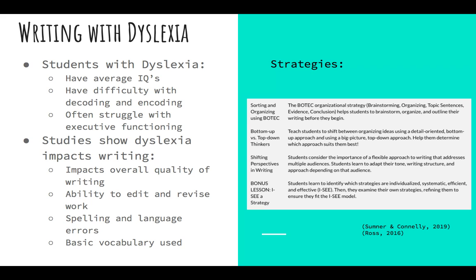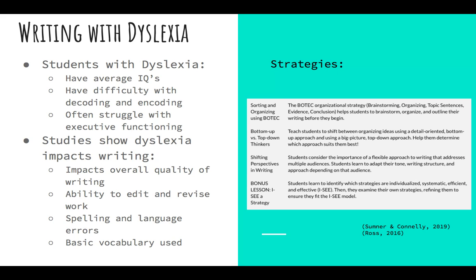Their difficulties solely typically lay within encoding and decoding, and they have struggles with their executive functioning. So these are students who are more than capable of thinking of ideas, creating ideas, but that roadblock really hits them hard, and written tasks end up becoming extremely frustrating and they end up shutting down.